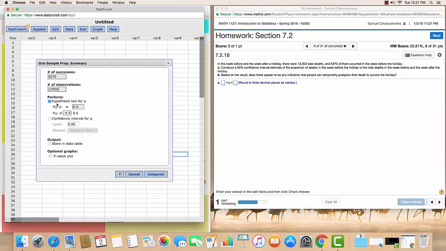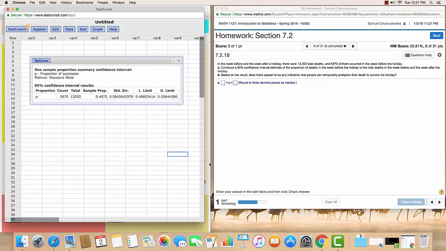By default, it is performing a hypothesis test. You don't want this. You click on confidence interval for the population proportion, and you leave it as 0.95 because this is 95%. Method is standard Wald, and you just click compute.